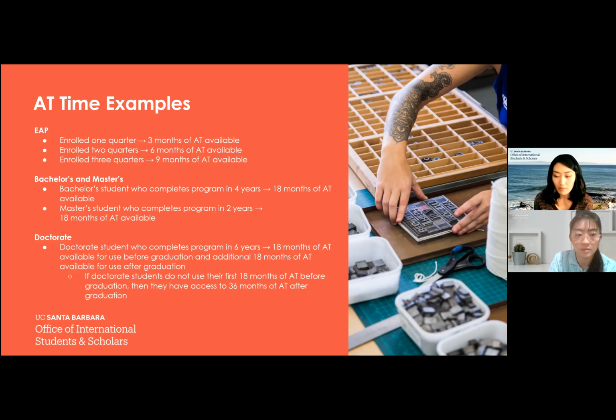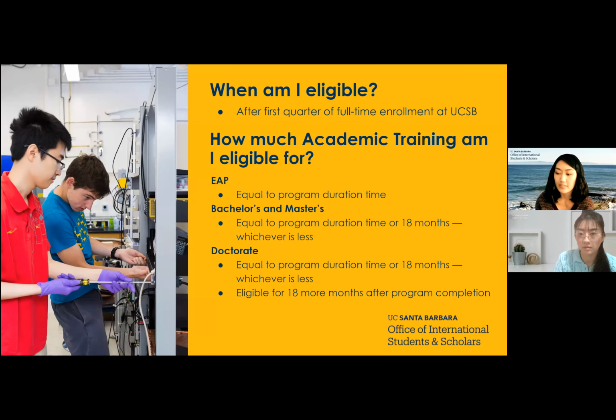Now, our bachelor's and master's students. Let's say you're a bachelor's student who completes a degree program in 4 years, which is a typical amount of time. Then you are eligible for 18 months of academic training, because remember, the rule in the previous slide was equal to the program duration time, or 18 months.